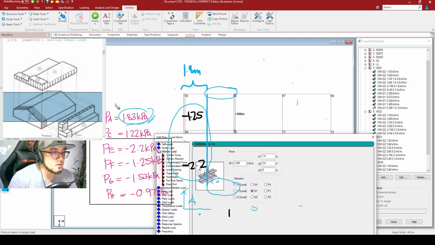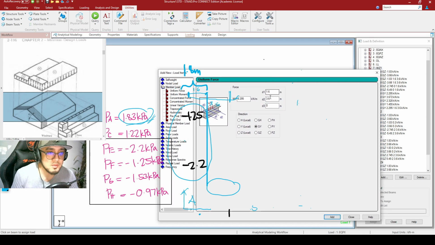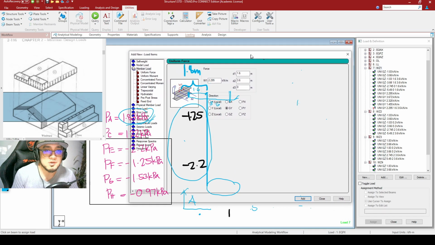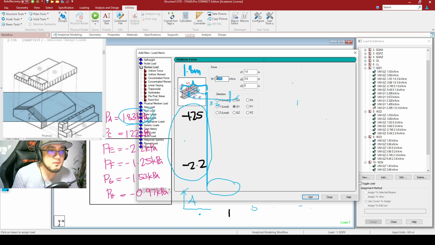It is because in this particular portion, from your 3-meter line right here up until this portion, this is to be 1.6. And from this portion or your starting portion up until your end, that is to be 3.6. So 1.6 and 3.6. So that is for 2.295.